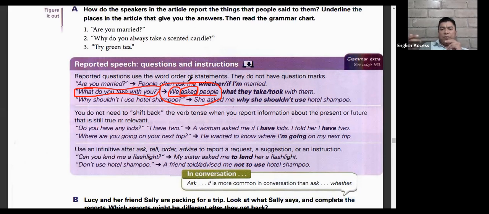We asked people what they take or took. So we have two different tenses. And once again, simple present take is for routines and took is for a one-time event in the past. Is that easy, ladies?